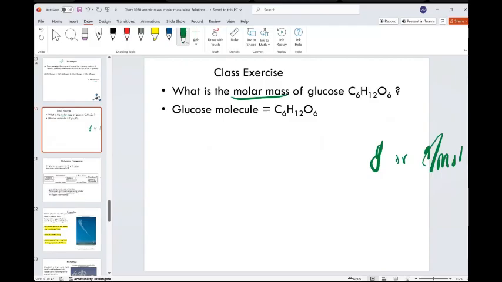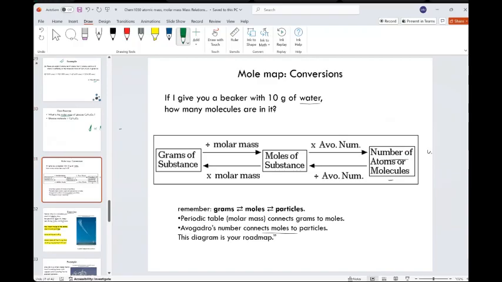Any question? Okay, no question. Now the next part of this chapter is really interesting, and it is a mixed calculation. What we learned so far is just straightforward calculation, right? Calculate the molar mass, calculate the molecular mass, things like that.